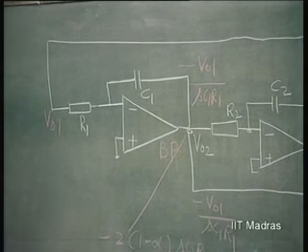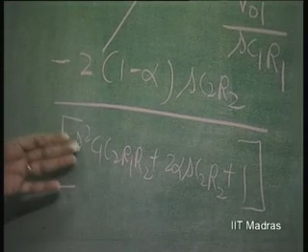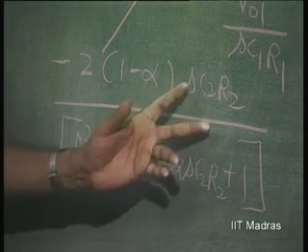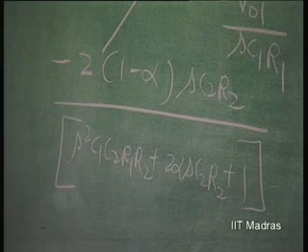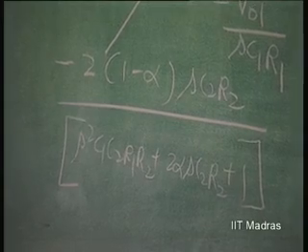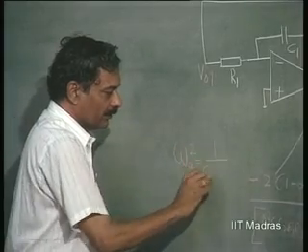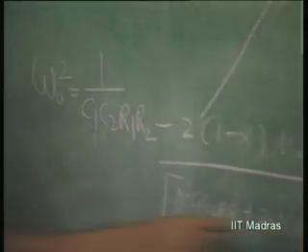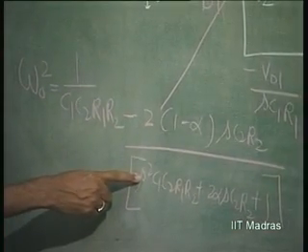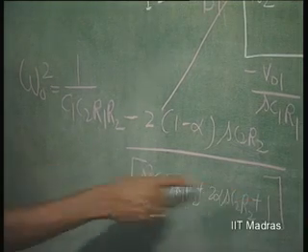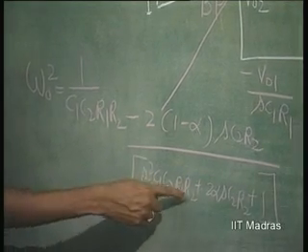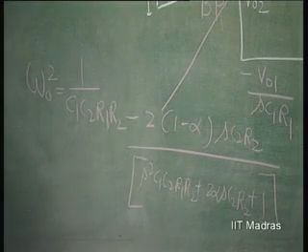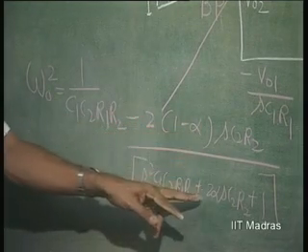0 at S equal to j omega, omega equal to 0, 0 at S equal to infinity, omega equal to infinity, and you will see that it is going to be maximum when omega naught squared is equal to 1 over C1 C2 R1 R2, because this will get cancelled with this. S squared becomes minus omega squared. So, 1 minus omega squared C1 C2 R1 R2 becomes equal to 0, and this will become the highest, which is minus 2 into 1 minus alpha by 2 alpha.